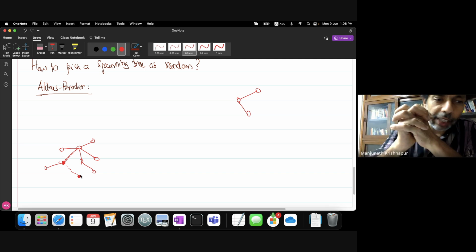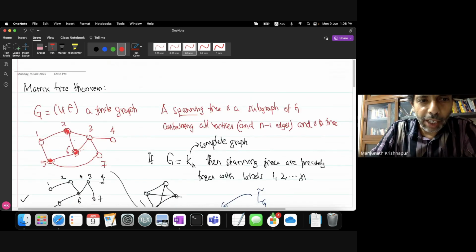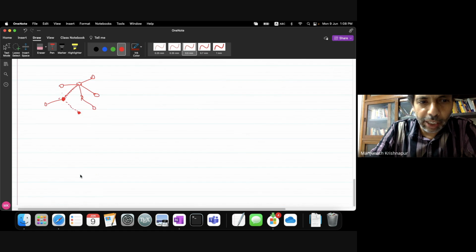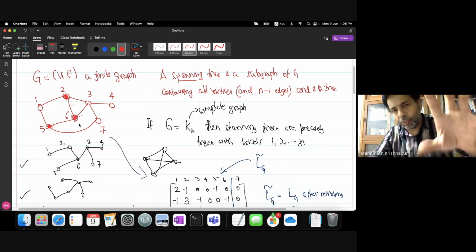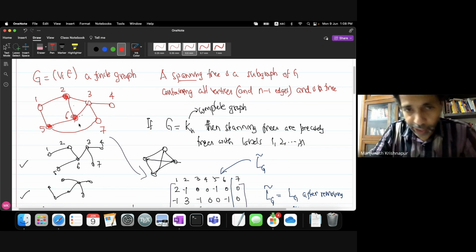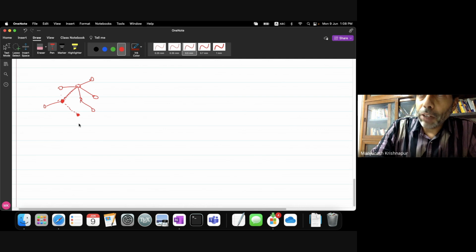It's not a Markov chain Monte Carlo method. It is a method where you start with a graph, you give an actual tree. But how many steps does it take? I think for at least the complete graph, it will take n cube steps, I think.